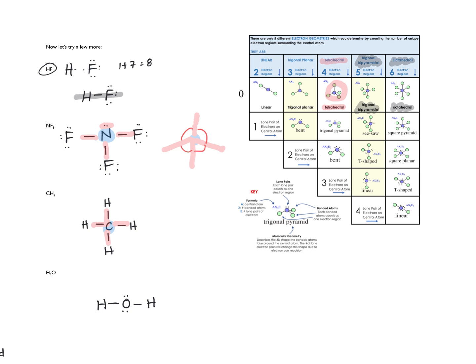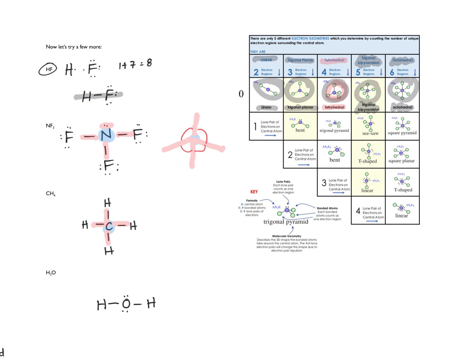So all along this first row, those match. That's because none of the ones in the first row have any lone pairs on the central atom, meaning all the things that are trying to repel each other are also bonds which end in an atom.